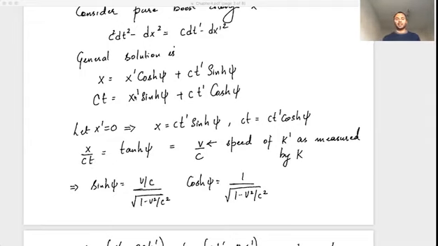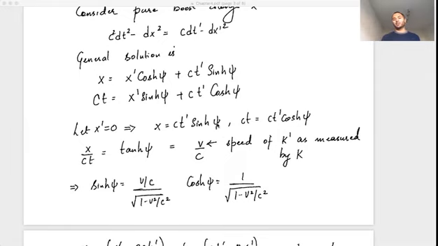That means that there's no spatial displacement in the k prime frame, but there is some displacement in frame k. And so that displacement divided by the time is basically the speed. So x by t is just v, which is the speed of k prime as measured by k, right? So that's just the speed between the two frames.